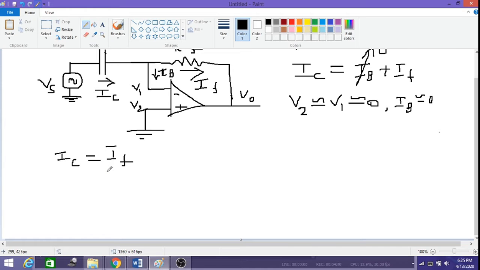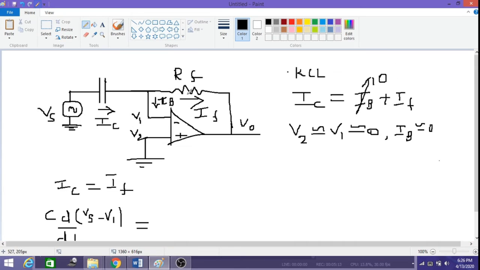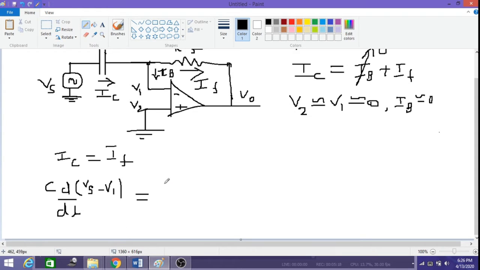The current through the capacitor can be defined as C into d by dt with respect to the potential difference across the two terminals, that is given as Vs minus V1. The potential at one end is Vs and the potential at the other end is V1, therefore it is Vs minus V1, and this is equal to IF, which is the potential difference across this resistor, that is V1 and V0, so it is V1 minus V0 by Rf.